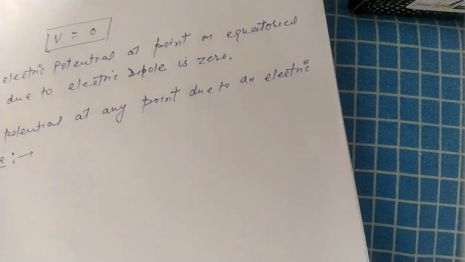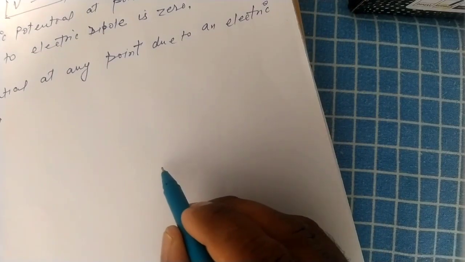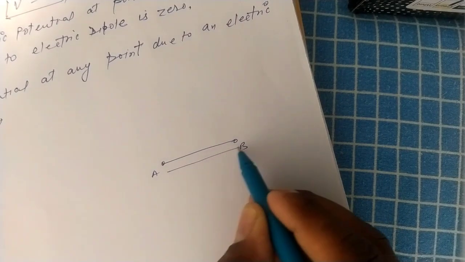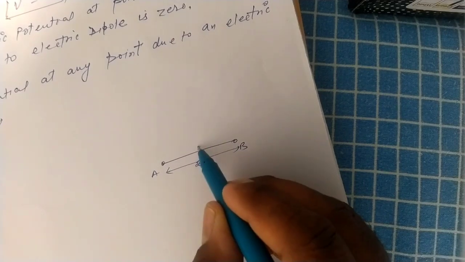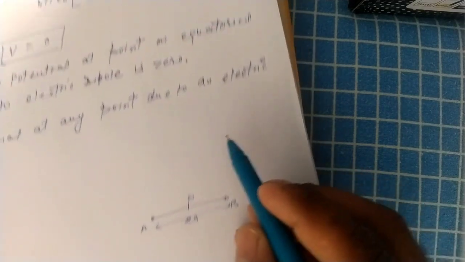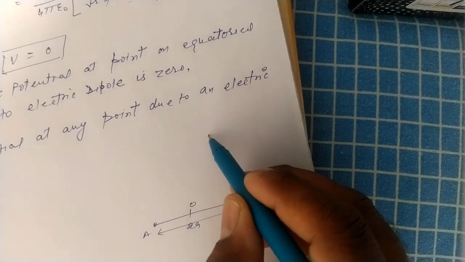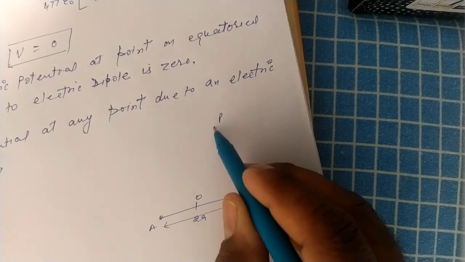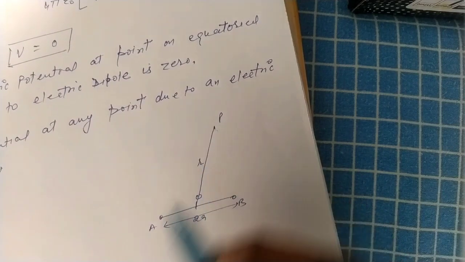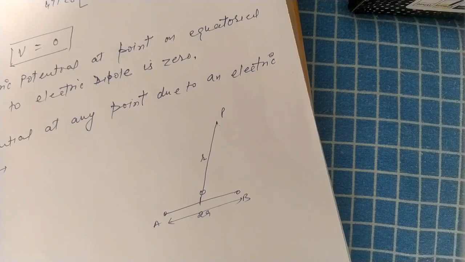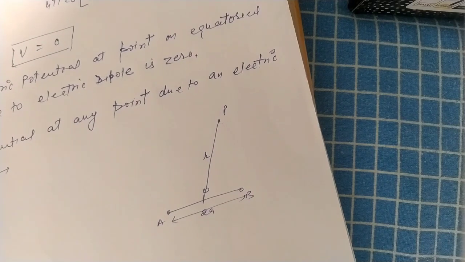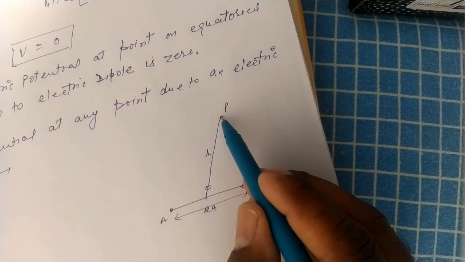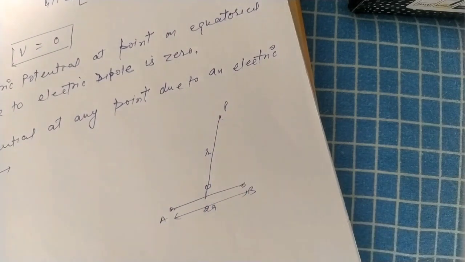Let's consider a dipole AB with midpoint O, and a point P considered anywhere. The distance between the point O and P is equal to R. Now we can calculate the value of electric potential at point P due to the dipole AB.